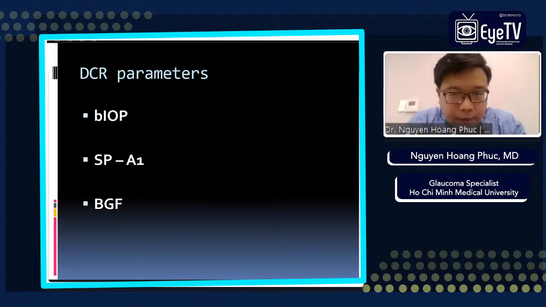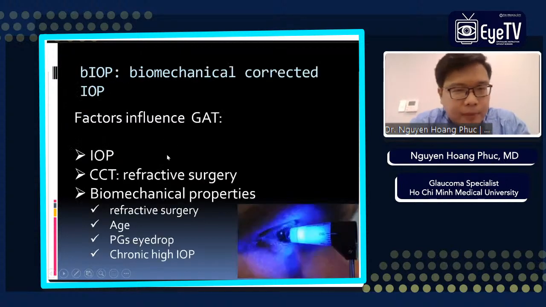Because the dynamic corneal response parameters are so complicated, the CorvisST provides three more simple parameters that are easy to apply in clinical practice. The first parameter is bIOP, biomechanically corrected pressure.